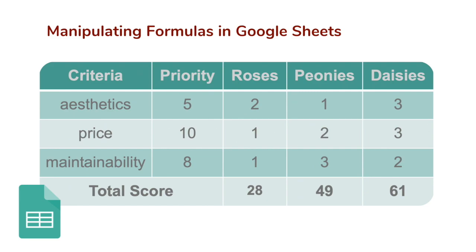Within a provided template, pre-populated with a decision-making formula, learners will manipulate values, such as the priority of a given criterion, to gain an understanding of how variables can impact a formula outcome. Ultimately, the students will be manipulating values in the spreadsheet to help understand how different priorities impact their decisions.